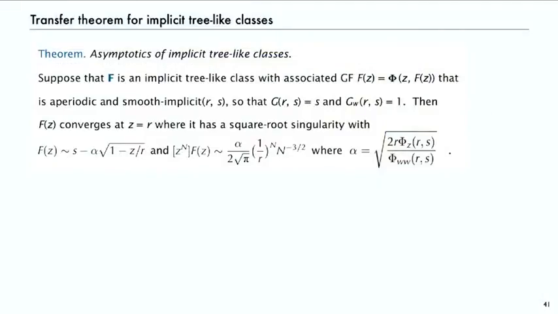So this is the theorem for asymptotics of implicit tree-like classes. So you have an implicit tree-like class. It's aperiodic. Again, you can't have any regular recurrence of coefficients in there, and that's discussed in the book, and we'll ignore it in lecture. So it's smooth implicit with parameters R and S, so that phi of R and S equals S and phi sub W of R and S equals 1.